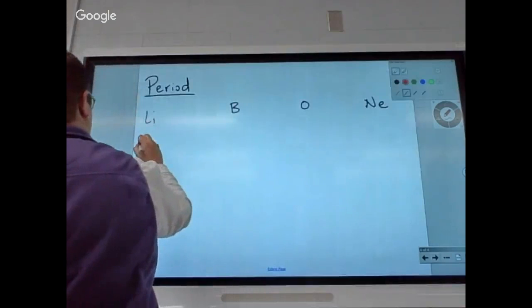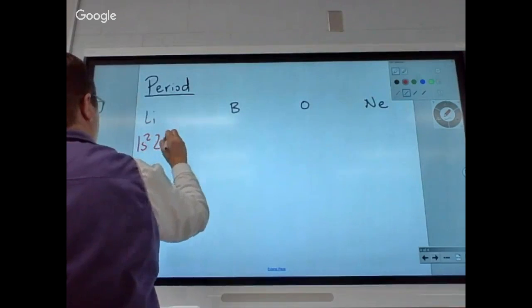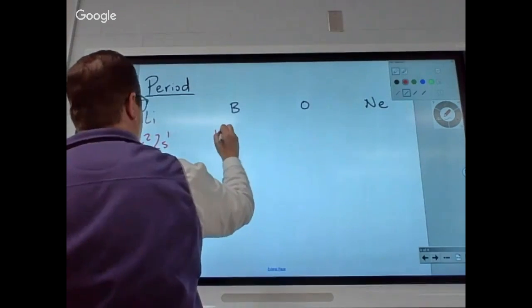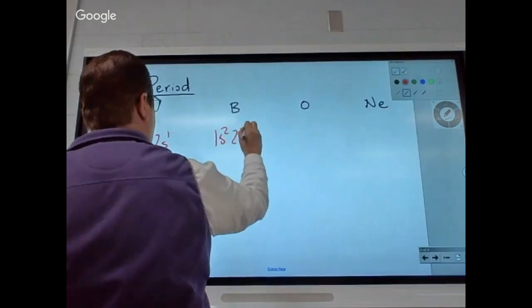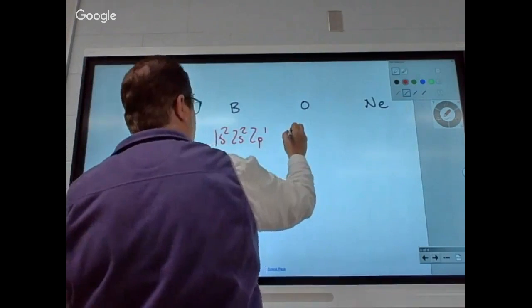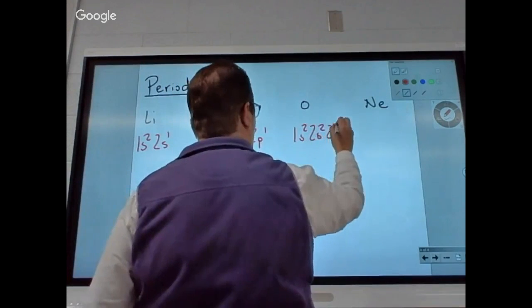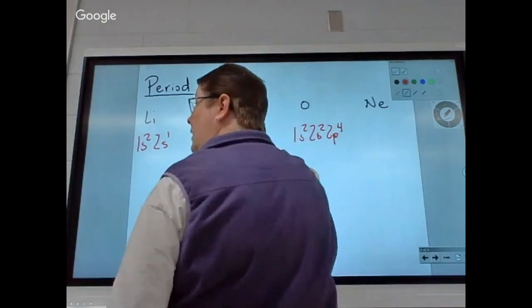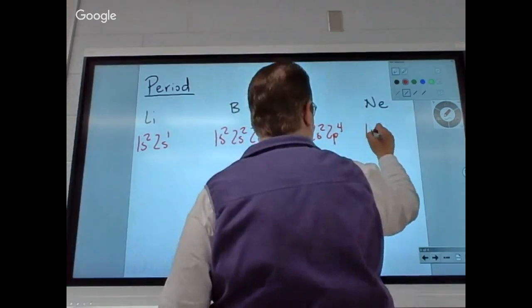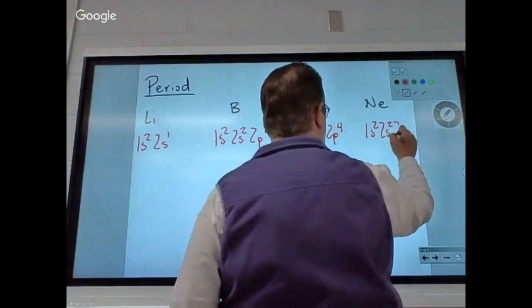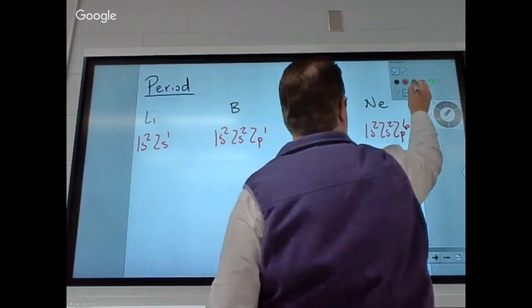So lithium has 1s2, 2s1. Boron's 1s2, 2s2, 2p1. Oxygen's 1s2, 2s2, 2p4. And then 1s2, 2s2, 2p6.